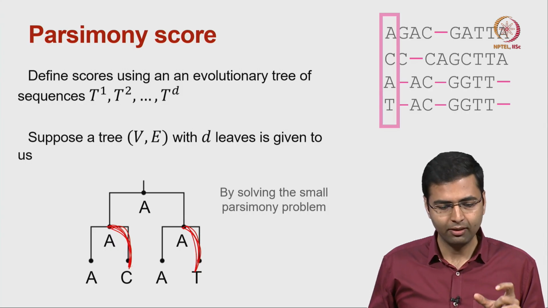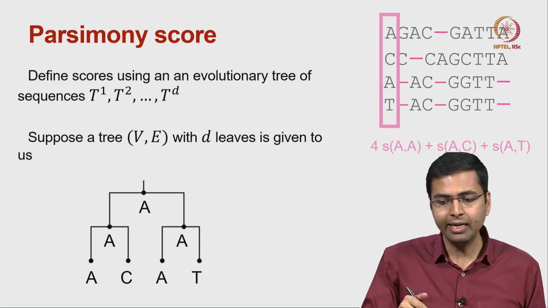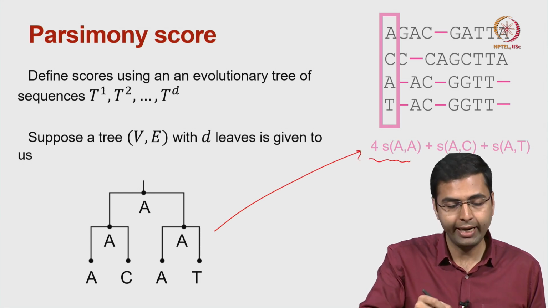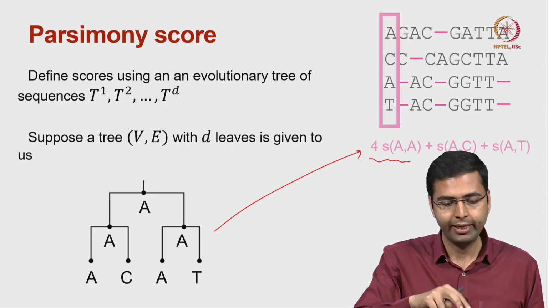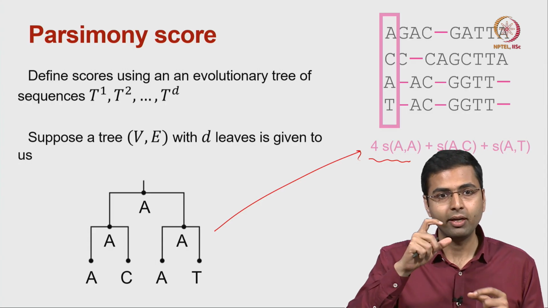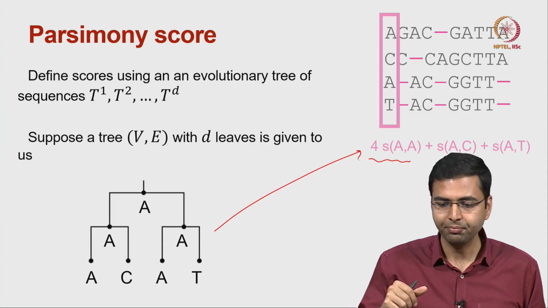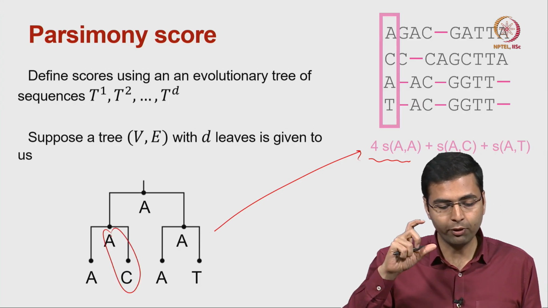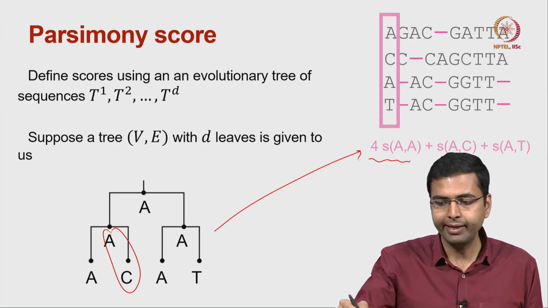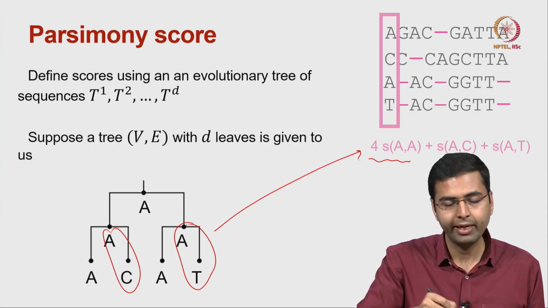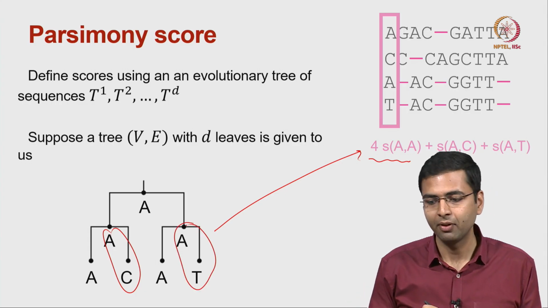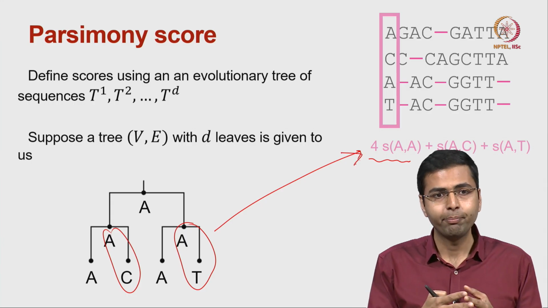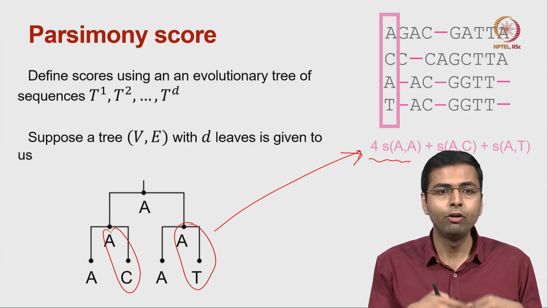So, based on this tree we can assign a score of 4 times S of AA, because there are 4 edges corresponding to AA vertices. Then there is one edge corresponding to AC vertices, and one edge corresponding to AT labeling. Accordingly, we can optimize our scoring scheme based on the knowledge of the evolutionary tree.